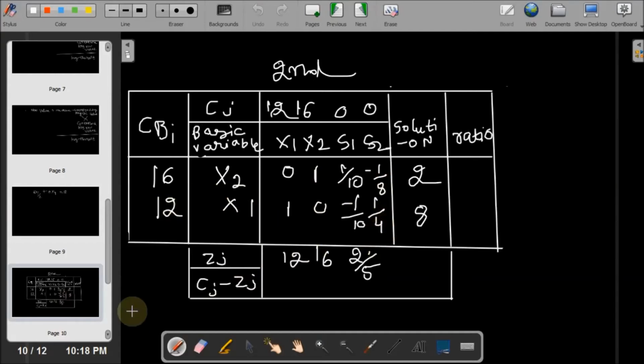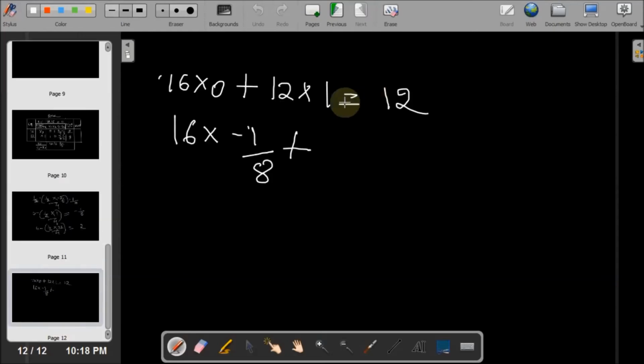Last value. So what is the value you will get? The final value you are going to get will be 1.